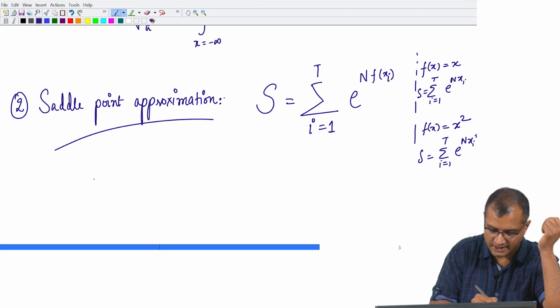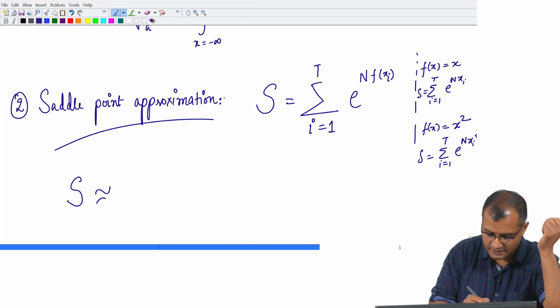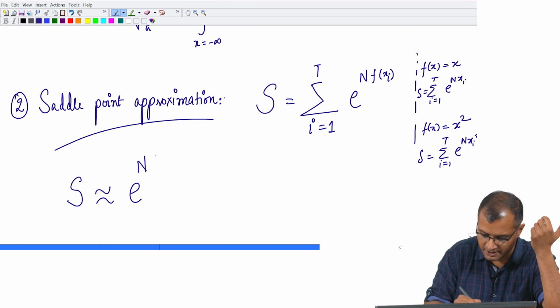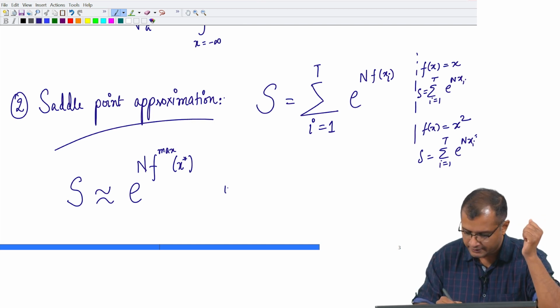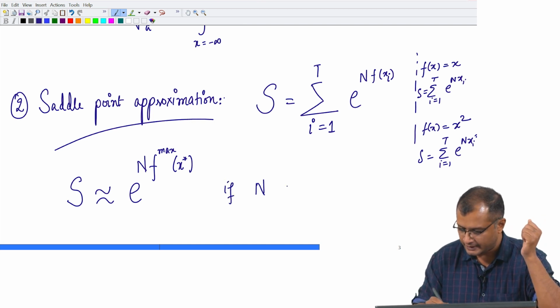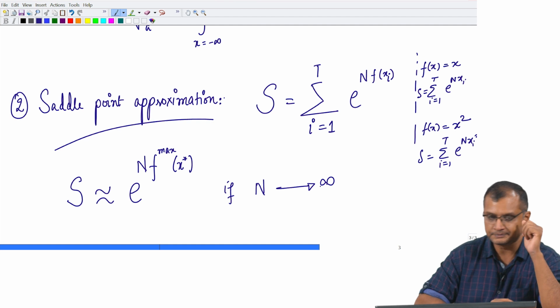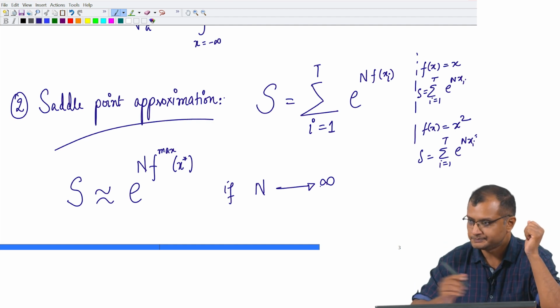The argument is I can approximate s by the largest term in this sum, and the largest term would be the term which is at the maximum of f coming at some x star. Okay. If n tends to infinity.